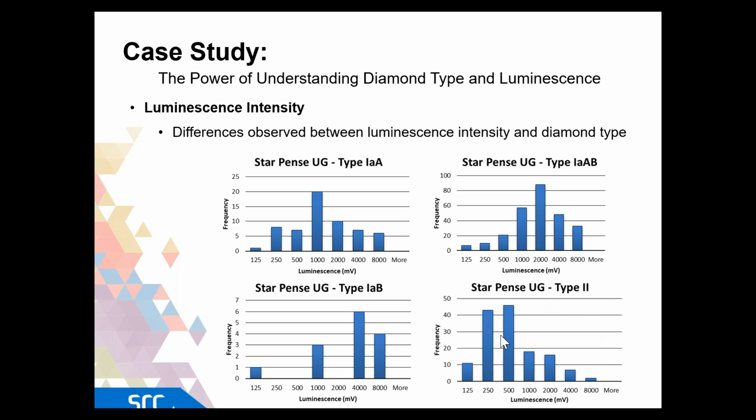This is the non-aggregated nitrogen, the type 2 stones that are essentially nitrogen free. And they're showing much less luminescence response, down to that 250 or 500 millivolt level. And that's hinging on that line of where your threshold would be with that X-ray luminescence unit. So just based on typing alone, we can already surmise that the recoverability of these type 2 stones, which could potentially be of higher value, is going to be increasingly difficult.